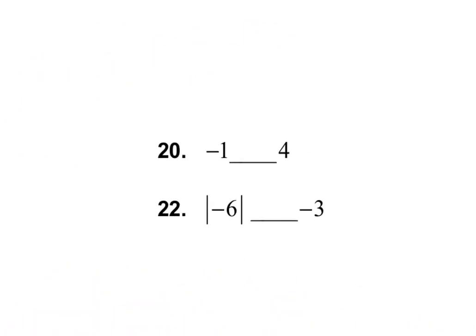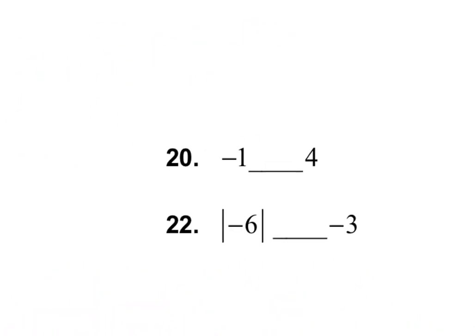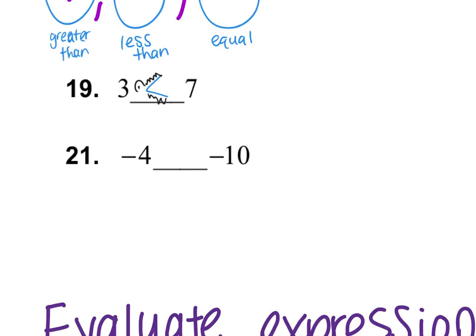All right, so number 20, -1 is less than 4, okay? 4 is positive, 4 is a larger number than -1. Remember, any positive values are greater than any negative values. Okay, now we get to -4 and -10.